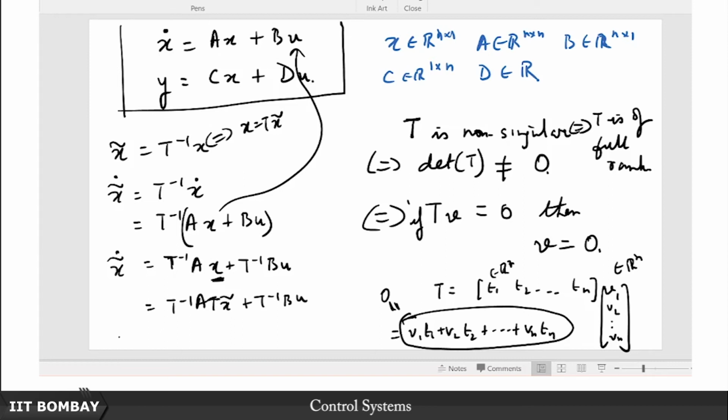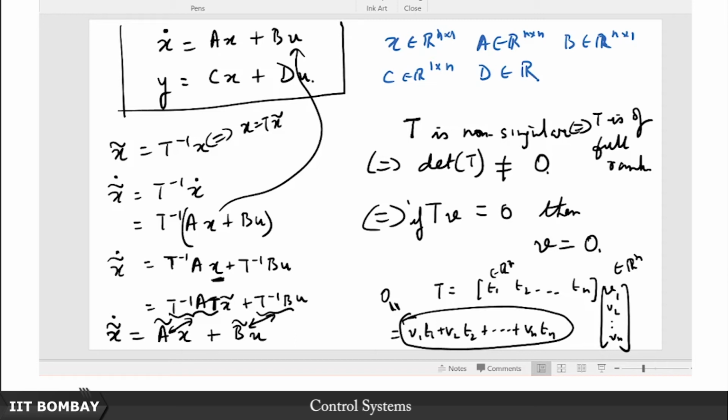Therefore, if I now compare this with A tilde x plus B tilde u, then B tilde is nothing but T inverse times B, and A tilde is nothing but T inverse A T.